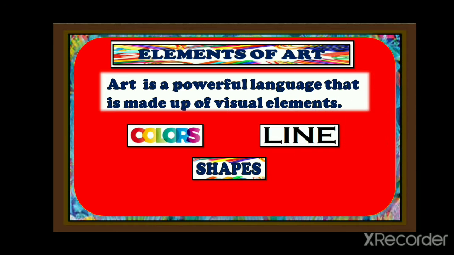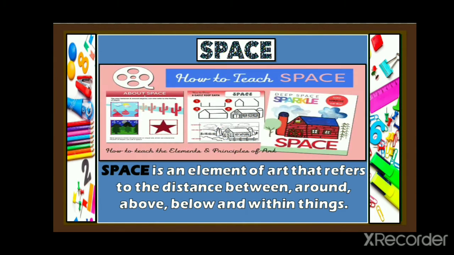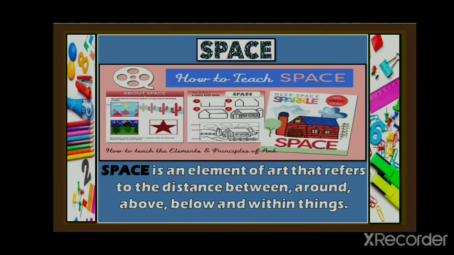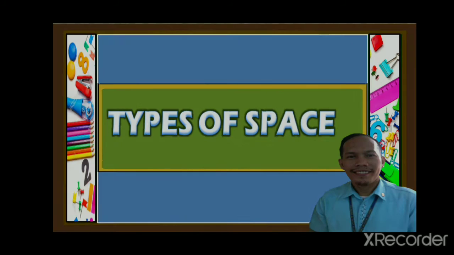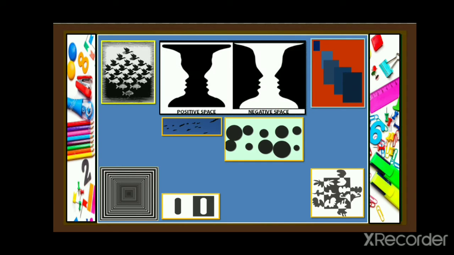Another element of art is space. Space, the element of art, refers to the distance between, around, above, and below things. Types of space: we have the positive space and the negative space.